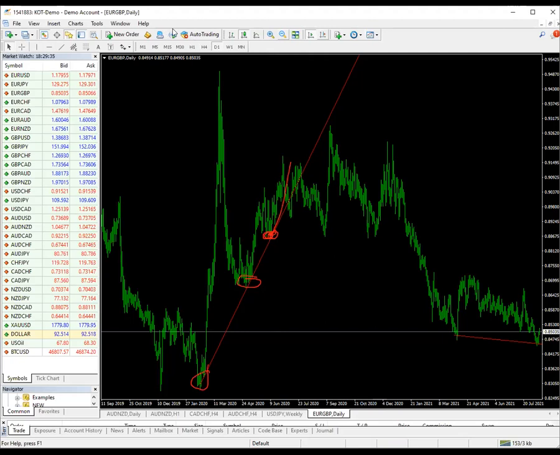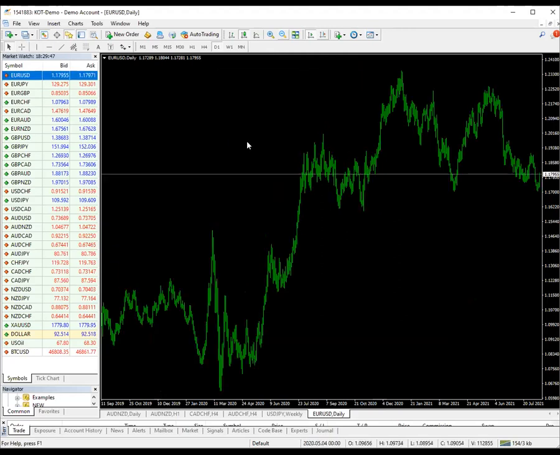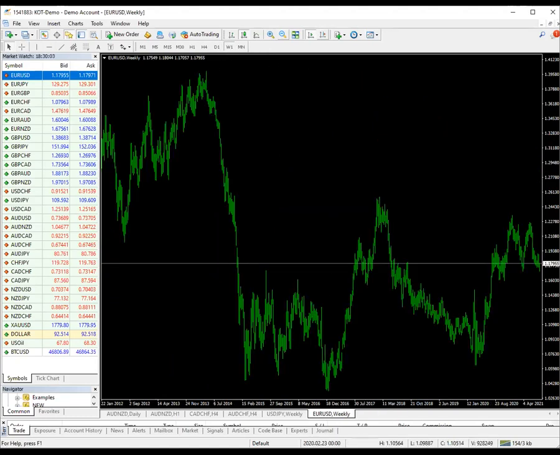So I am just trying to use one pair, and this pair is even one of the pairs that doesn't even move the way I like. Is that okay? So this is what it is. If I choose any other pair, maybe Euro USD, let's look at Euro USD. Okay, this is Euro USD. If I move it to weekly time frame, this is how it looks like on the weekly time frame.